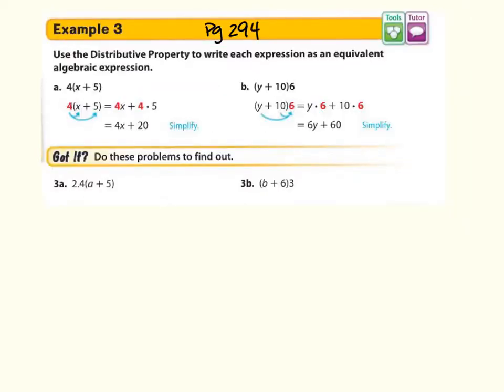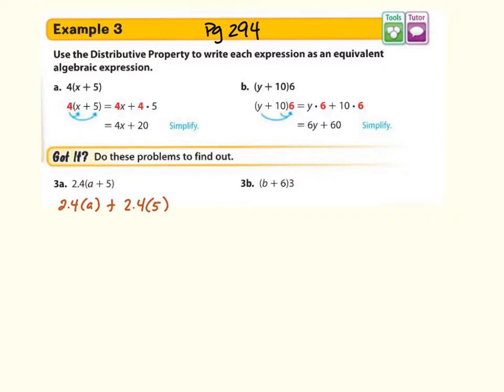Even though they show you in example 3 on page 294 how to distribute with variables inside the parentheses, I'll get some practice with you down below. For the got it question 3A, the 2.4 is our factor, which is getting multiplied to each term on the inside. So we're going to take 2.4 times a plus 2.4 times 5.